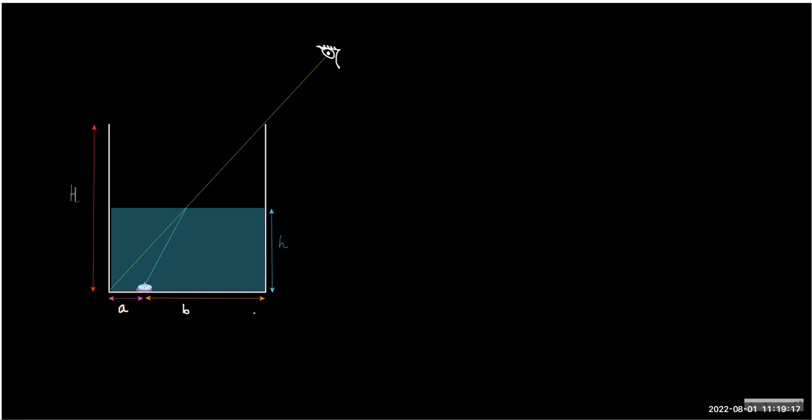Which means it is possible to see the coin now. At least you can say the coin can see the observer if the coin is having the eye. In the reverse process, if the light ray will go this way, the chances are it will reach the observer.